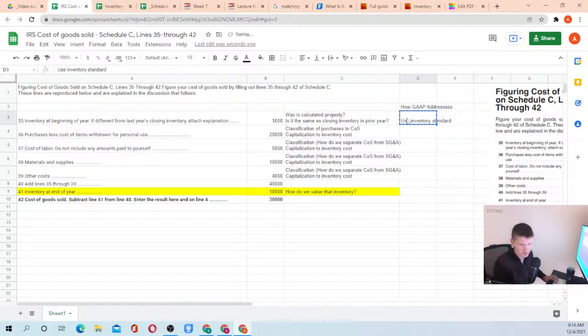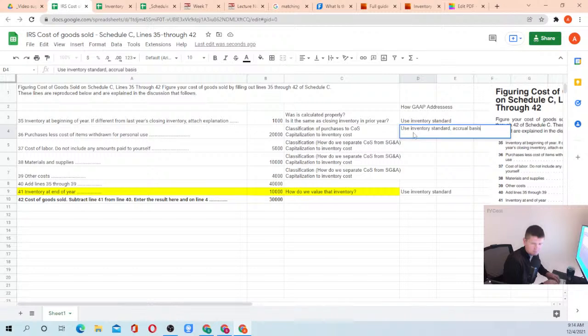We use the inventory standard to measure that. Then here we say use the inventory standard, accrual basis and some judgment for classification.